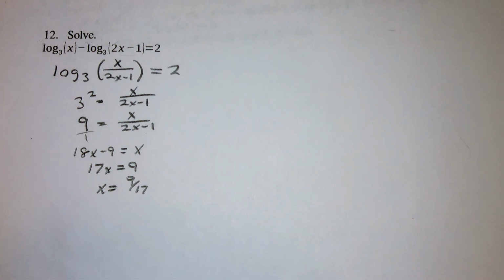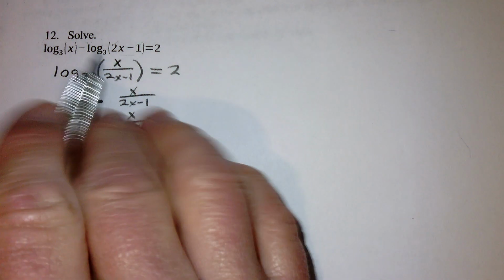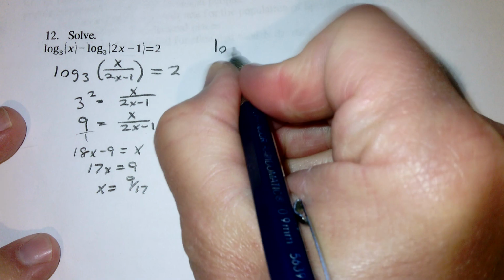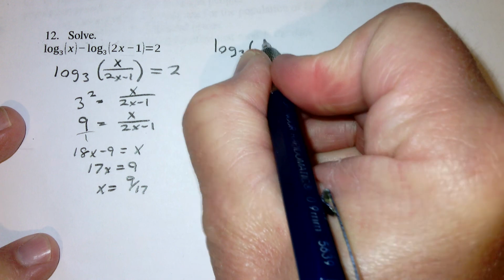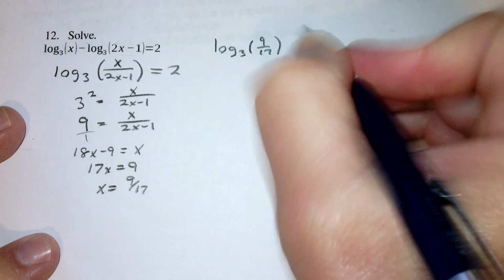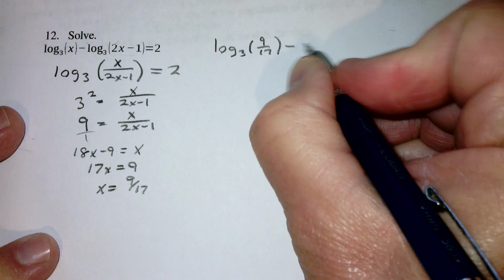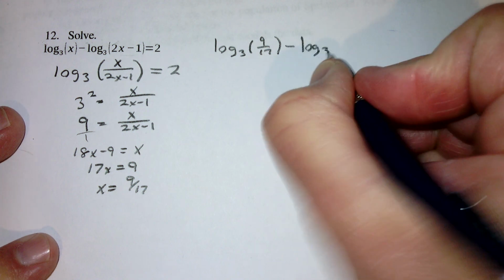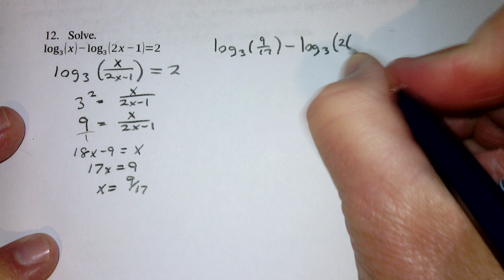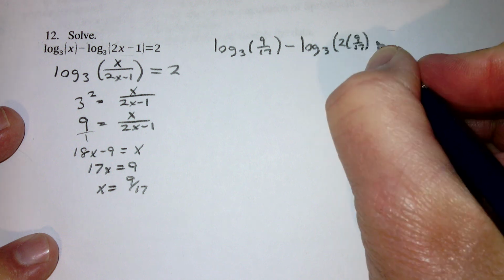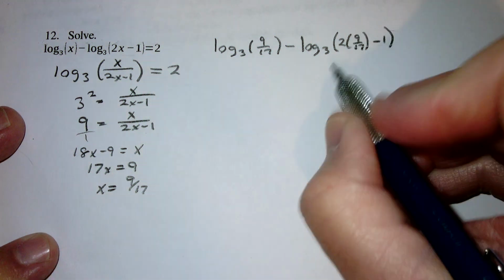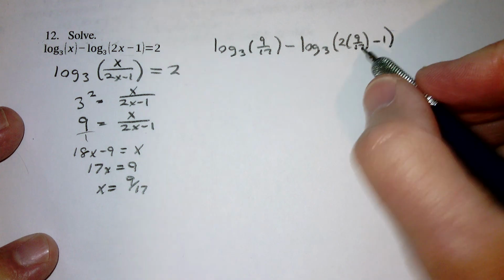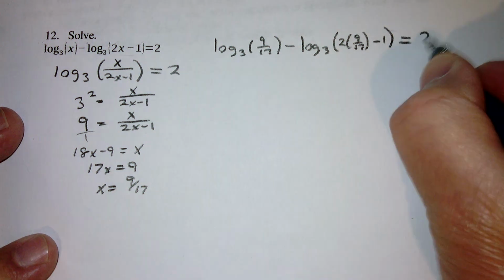Now, if you've taken the final and you've got a little extra time at the end, you want to make sure you got these answers right. Here's what you do. You just plug this number back in up here. You say, well, what is the log base 3 of 9/17 minus the log base 3 of 2 times 9/17 minus 1, and does that really equal 2?